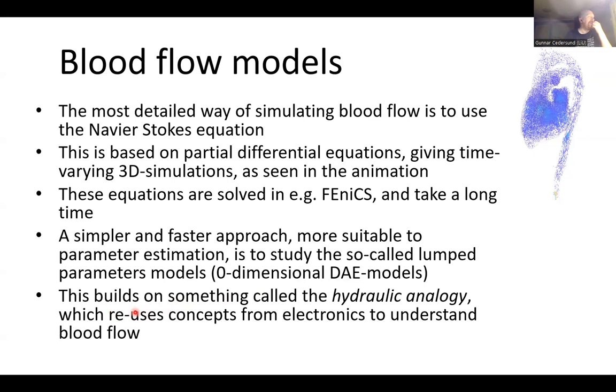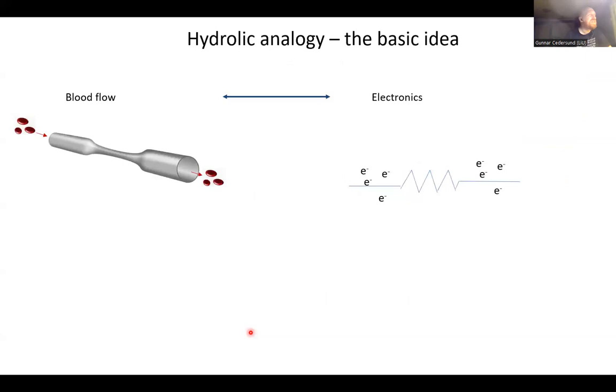And again, this builds on something called the hydraulic analogy, which reuses concepts from electronics to understand blood flow. And this is an analogy that gives reasonable equations. It shouldn't be taken too literally. And we will get into this when we get into the details.